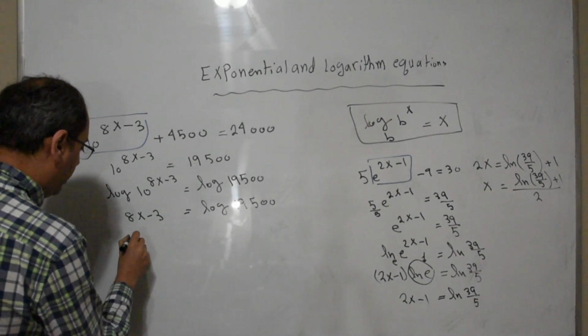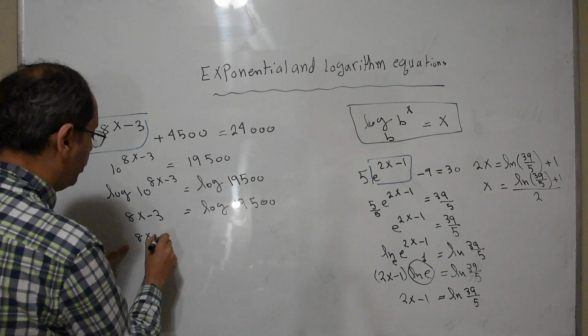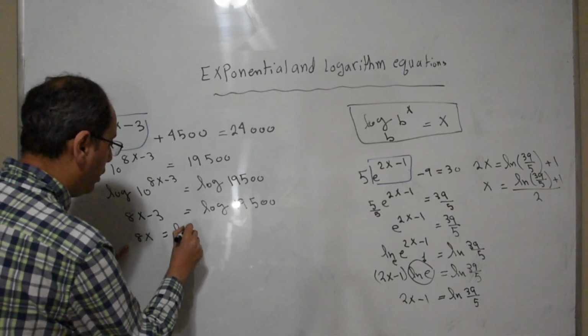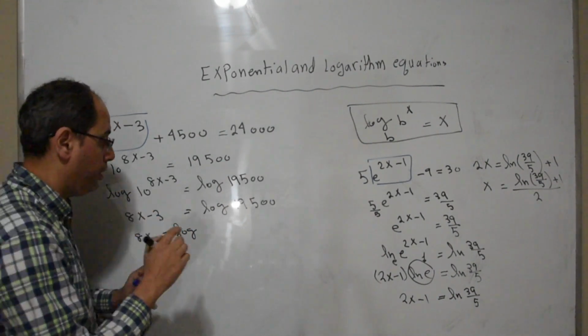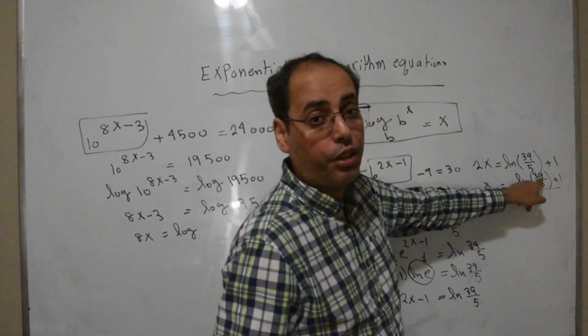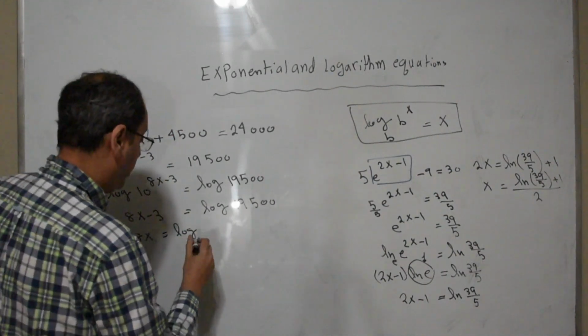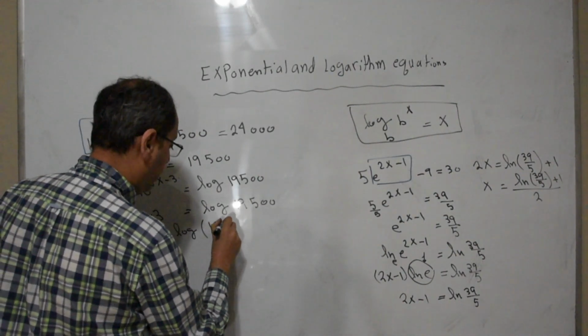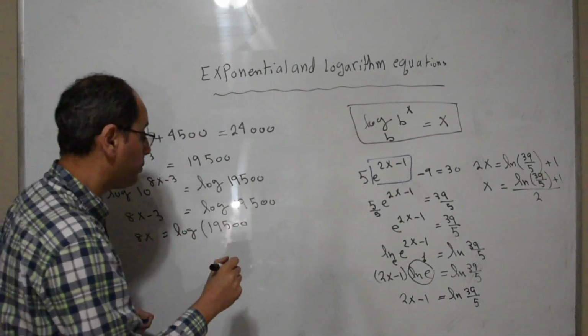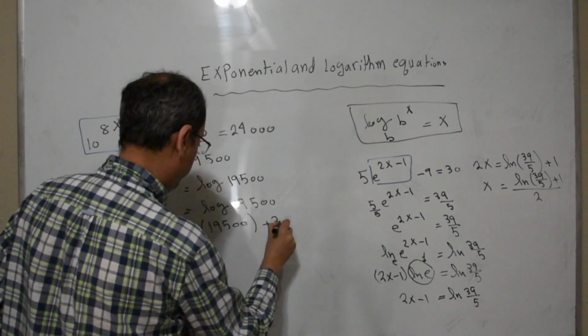Now let's solve for x. So I add the 3 to both sides. I isolate 8x first. So I have, watch here, I'm going to put this in parentheses because again, this is the argument. I can't add the 3 to the 19,500. So log of 19,500, and then plus 3.